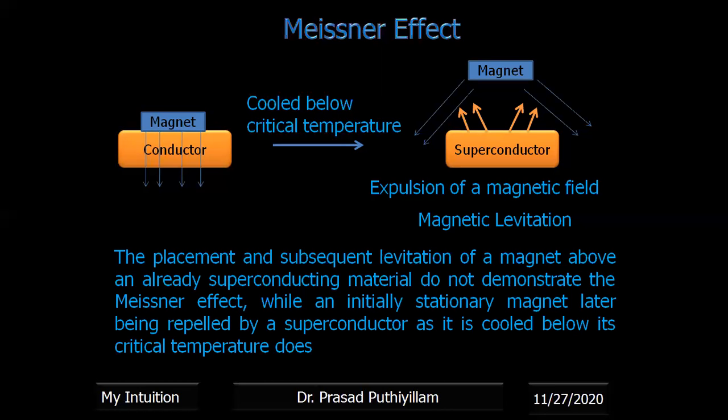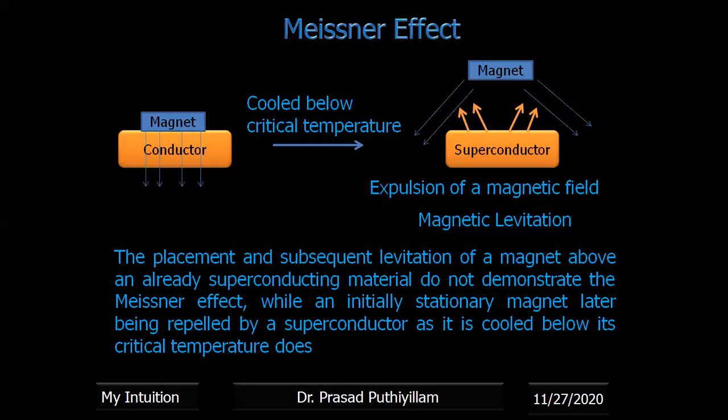The placement and subsequent levitation of a magnet above an already superconducting material does not demonstrate the Meissner effect, while an initially stationary magnet later being repelled by the superconductor as it is cooled below its critical temperature does. It means that if you keep a magnet above the surface of an already superconducting material, the magnet will already be lifted up.